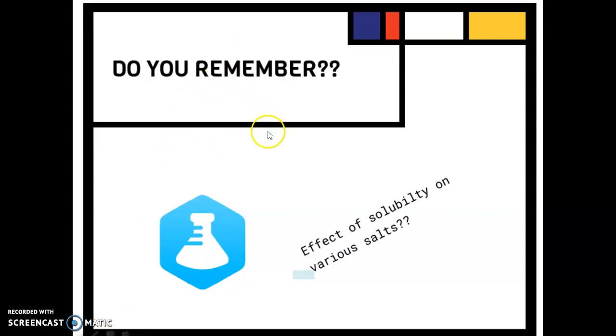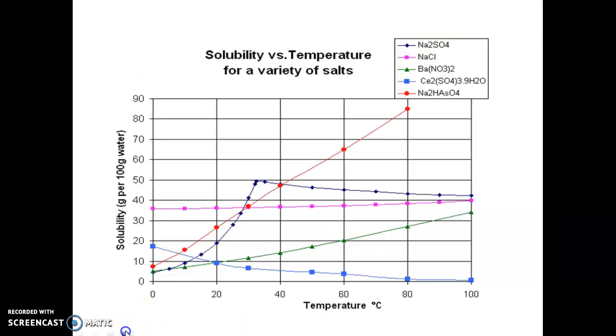So in all, do you remember the effect of various salts on solubility? Yes, such as the examples of sodium chloride or potassium chloride, where sodium chloride did not show any change in the solubility with respect to temperature, while other salts showed a lot of variation in the solubility with respect to temperature.